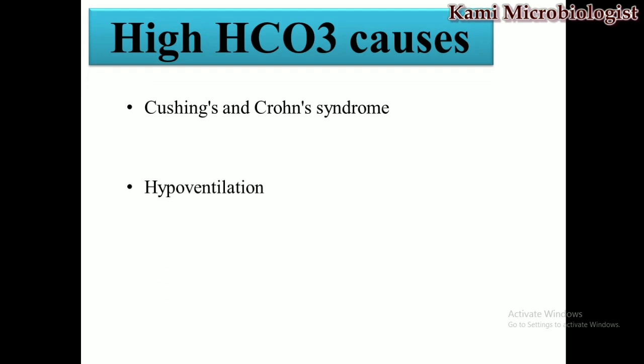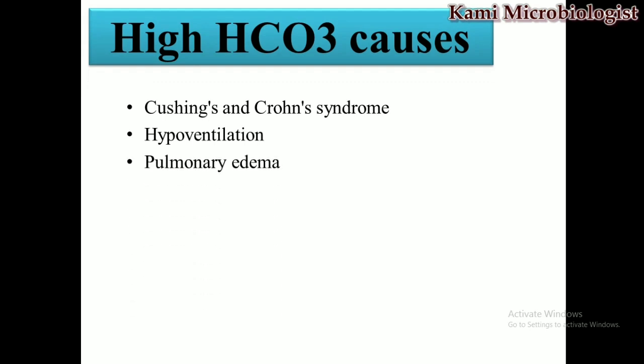Next is hypoventilation, in which ventilation becomes low, meaning airflow becomes low. Due to this, the carbon dioxide level gets high inside the body, which eventually increases the bicarbonate level.